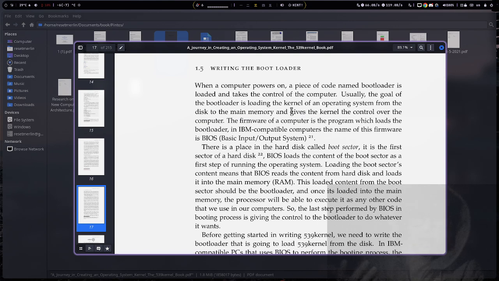My question is, how does it give the kernel control? It's like jumping into the kernel's entry point. The bootloader has an entry point, and after it locates the kernel's entry point, it starts executing. So that's kind of simple.